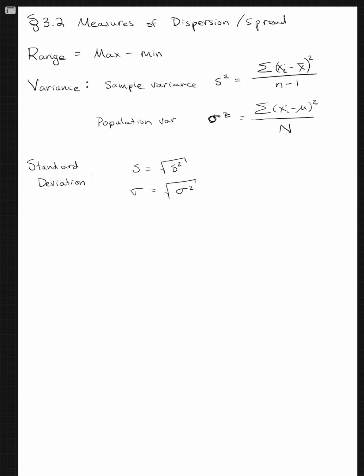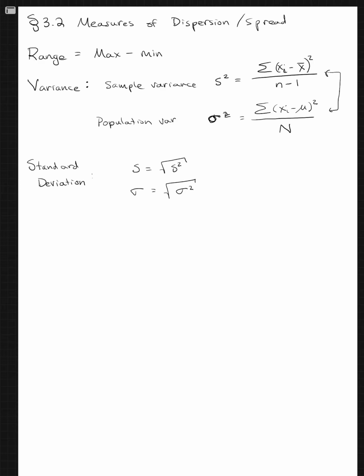So in a way, what this is doing, these two look a whole lot like the formula for mean, but instead of taking the average of the data, it's taking the average of the difference between the data and the center, right? How far away the data is from that middle point. The reason why we square it is that if we don't, it always winds up being 0, because the positives and negatives are always going to cancel out when we add them together.